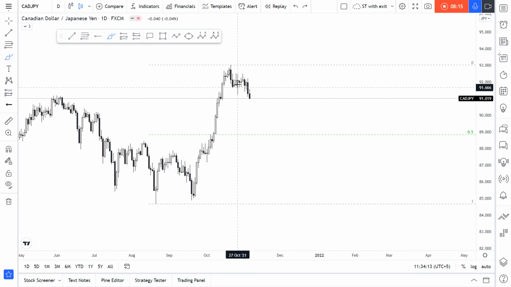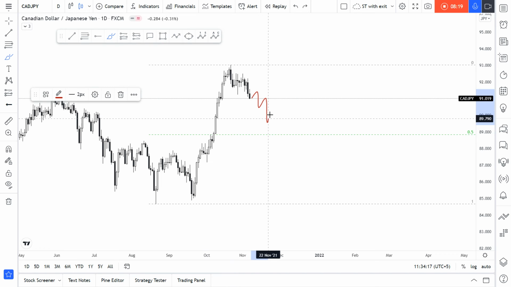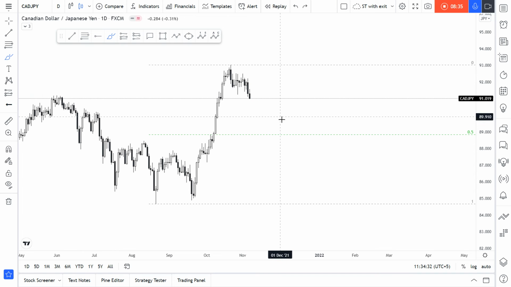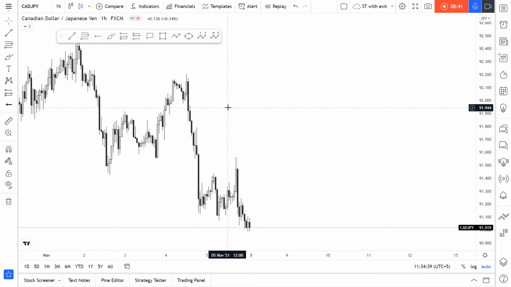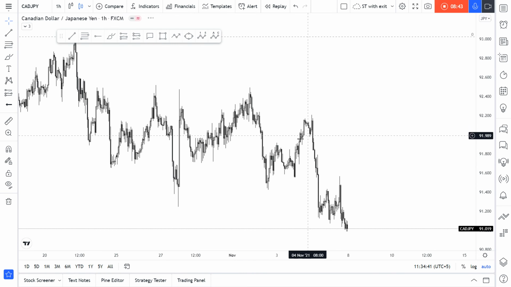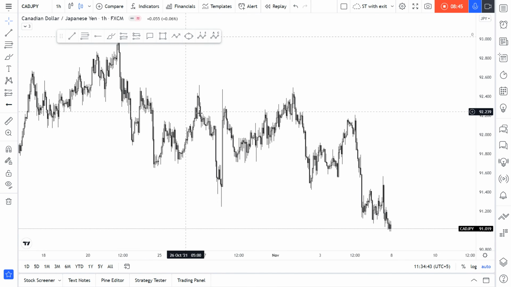But in my opinion, the price is gonna move down in a very choppy manner, because our direction is up, and this is a correction phase. It's gonna be pretty hard for the sellers, the buyers, to push price down. Yeah, it's moving pretty choppy.